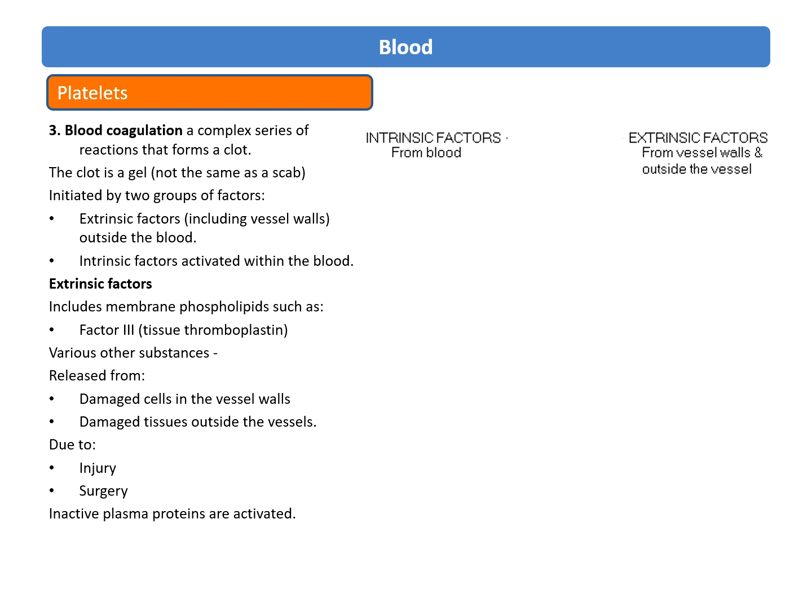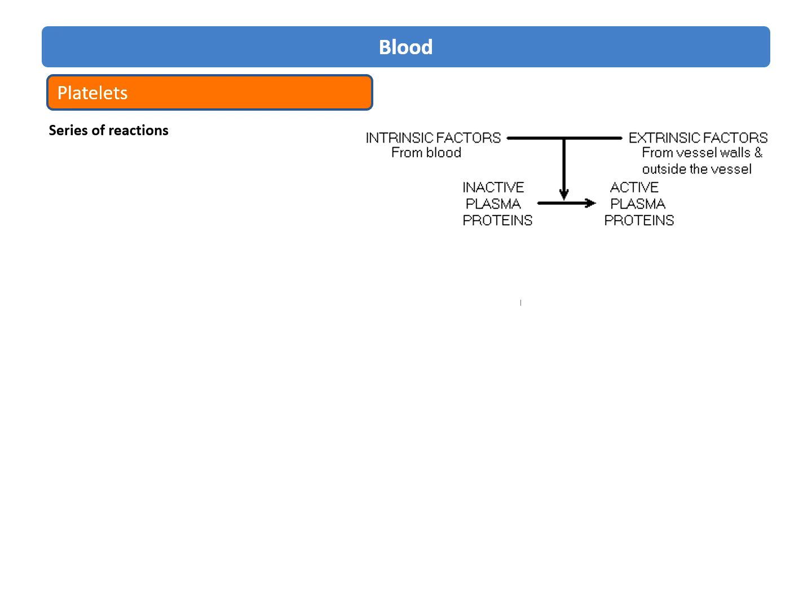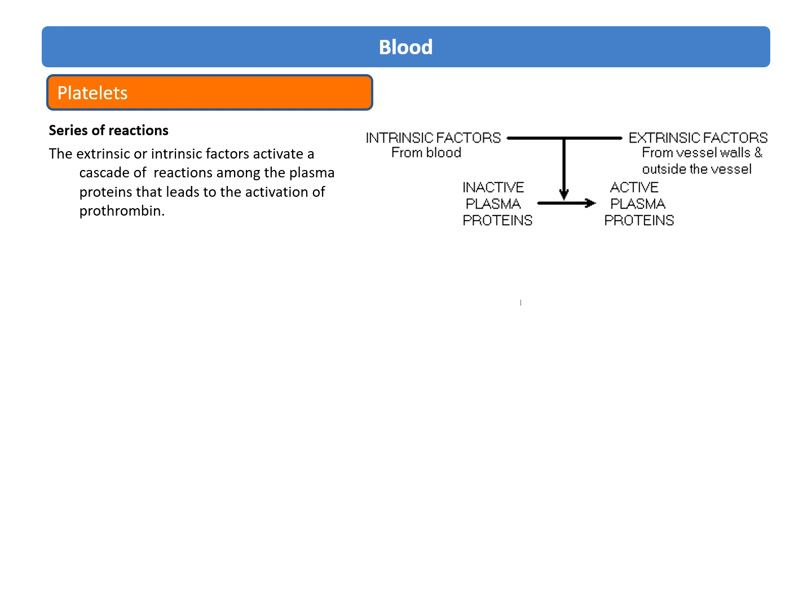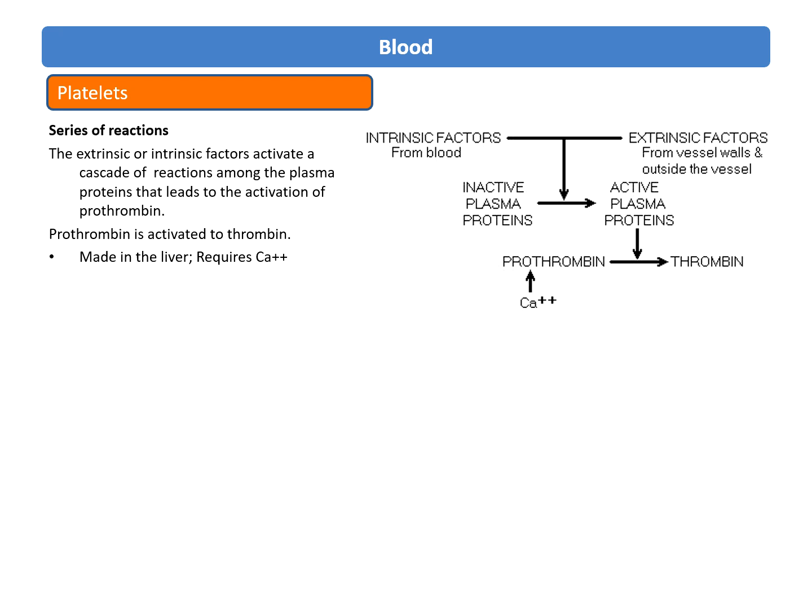Inactive plasma proteins are then activated. A series of reactions takes place. The extrinsic or intrinsic factors activate the cascade of reactions among the plasma proteins, which leads to the activation of prothrombin. Prothrombin is activated to thrombin.